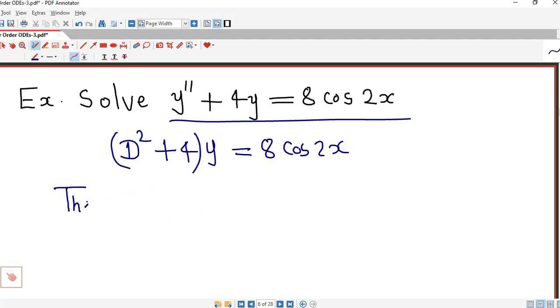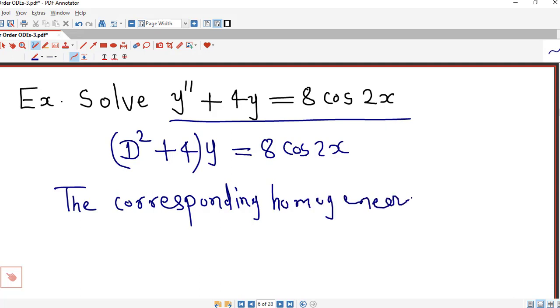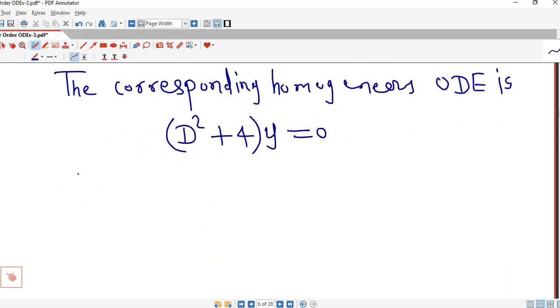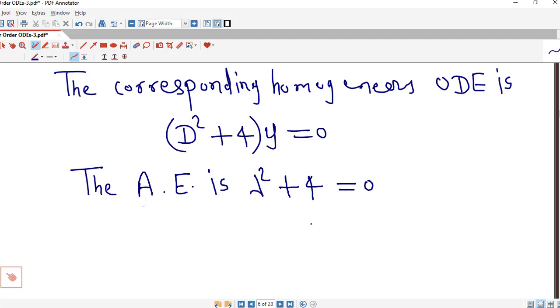Now the corresponding homogeneous ordinary differential equation is (D square plus 4) y equal to 0. First we solve this differential equation, and its auxiliary equation is lambda square plus 4 equal to 0.